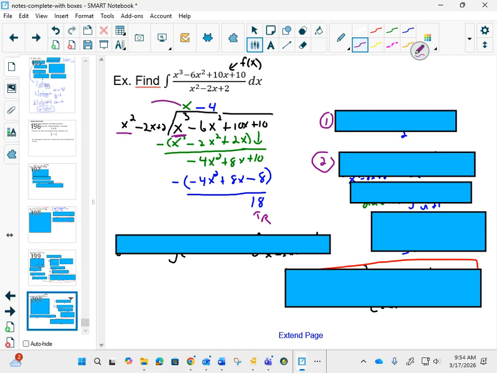That green x then gets distributed to each one of those, giving me x cubed minus 2x squared plus 2x, which we've written in green, and then you subtract. After subtracting, you get a new first term, and you do the same process over and over again until your new first term isn't something you can multiply by, and that becomes the remainder.